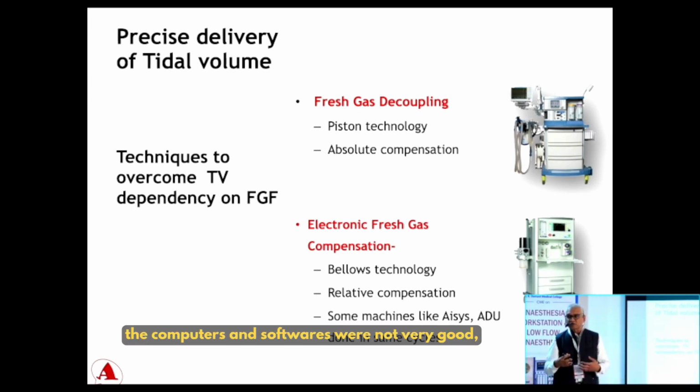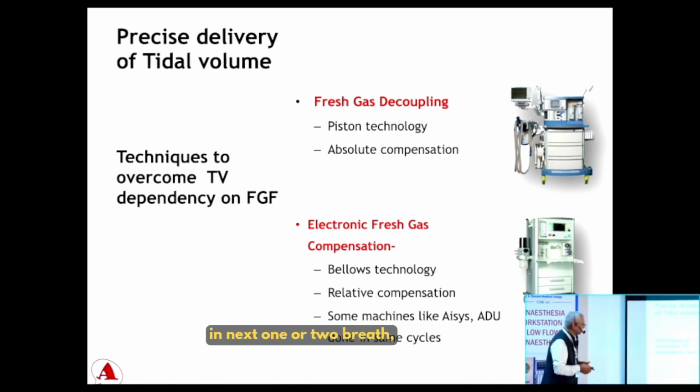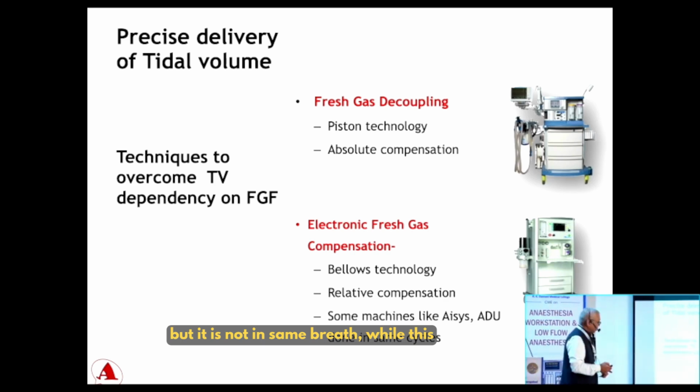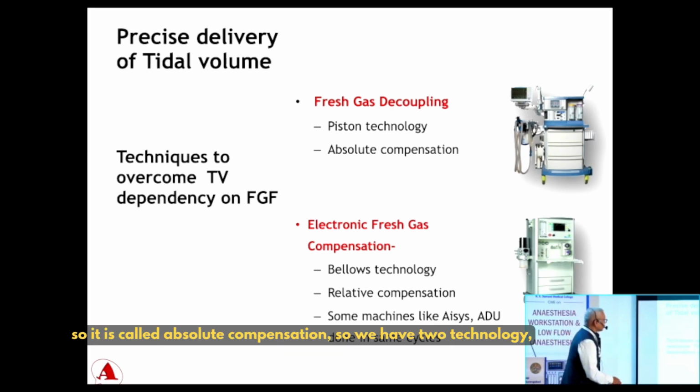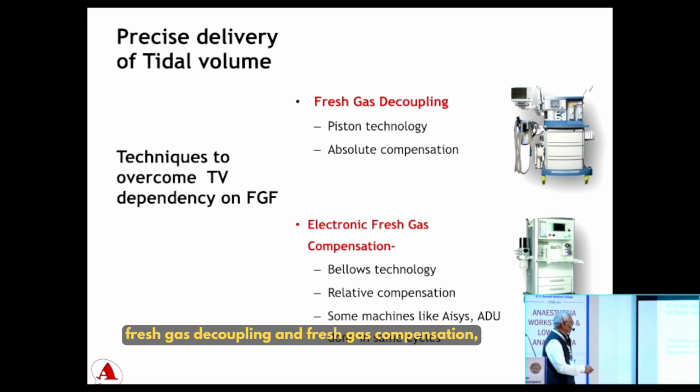The computers and software were not very good, so it used to take 6 breaths to come back to normal. Now the software is better, so it comes back to normal in the next 1 or 2 breaths, but not in the same breath. While this other technology, fresh gas decoupling, has no mixing in inspiration, so it is called absolute compensation. So we have two technologies, fresh gas decoupling and fresh gas compensation.